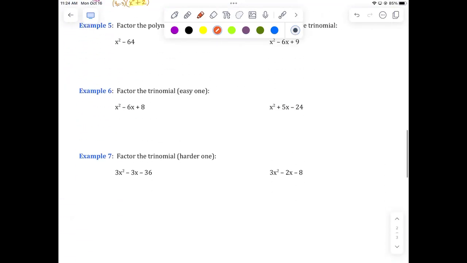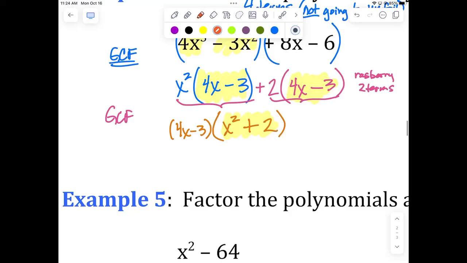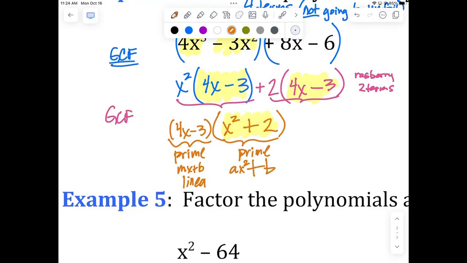But if you see x squared plus something, it's a prime factor. So this one's prime because it's of the form mx plus b. It's linear. And this one is also prime because it's ax squared plus b. The plus sign is what's important. This is quadratic.